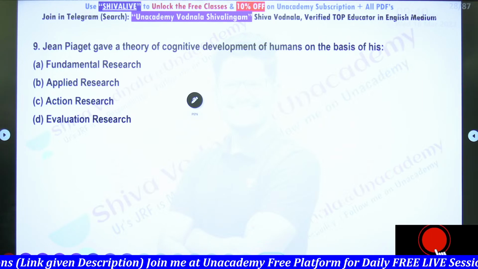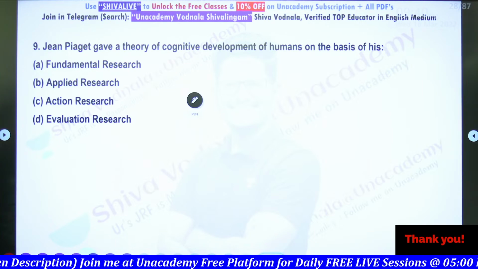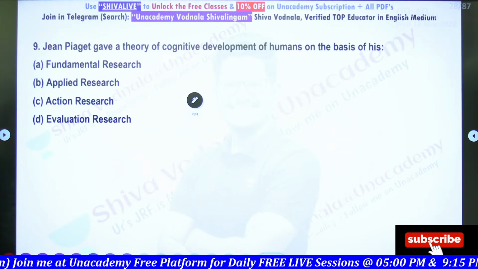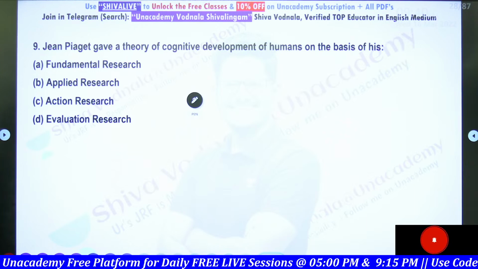Next, Jean Piaget gave a theory of cognitive development of humans on the basis of his fundamental research, applied research, action research, evaluative research.